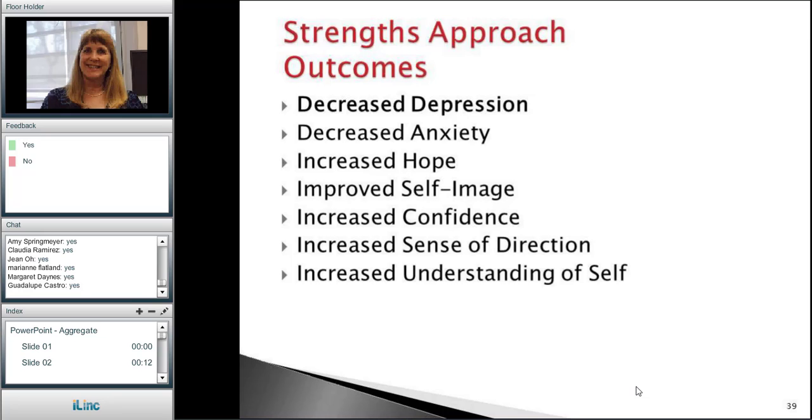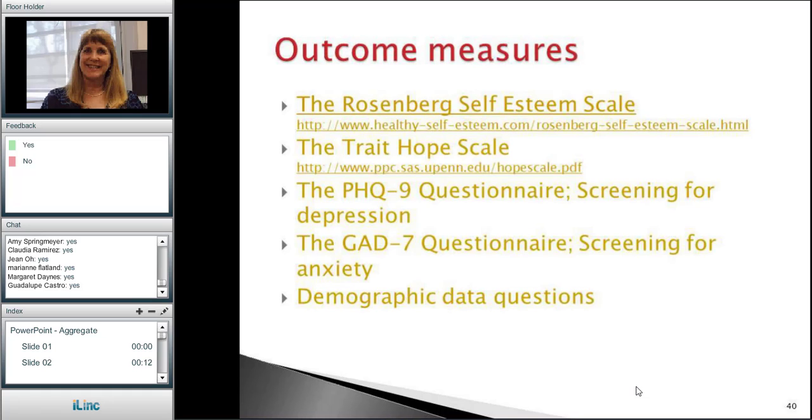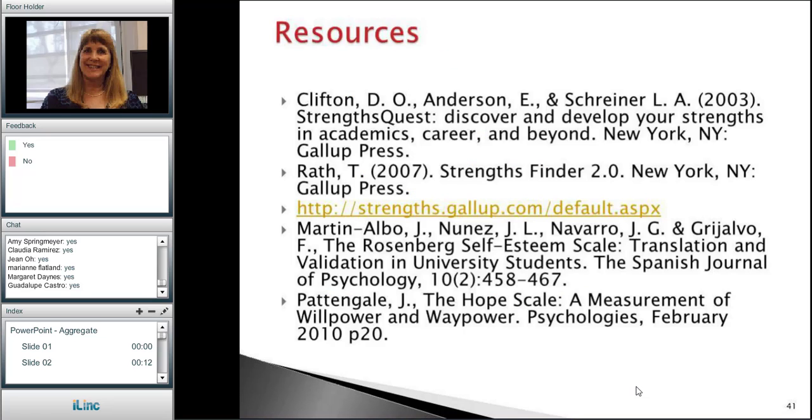I include a couple slides here that just give you the questionnaire information and the scale information that we used in case you're interested in that, and some resources if you want to get a little more information about the strength-based approach.